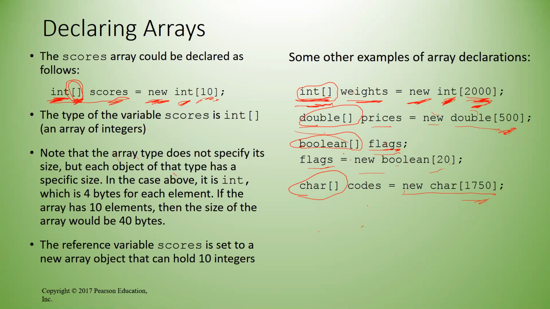For string, remember what a string reference variable stores, if you remember. If I say string s equals new string, and whatever you have there, remember what is in this s?